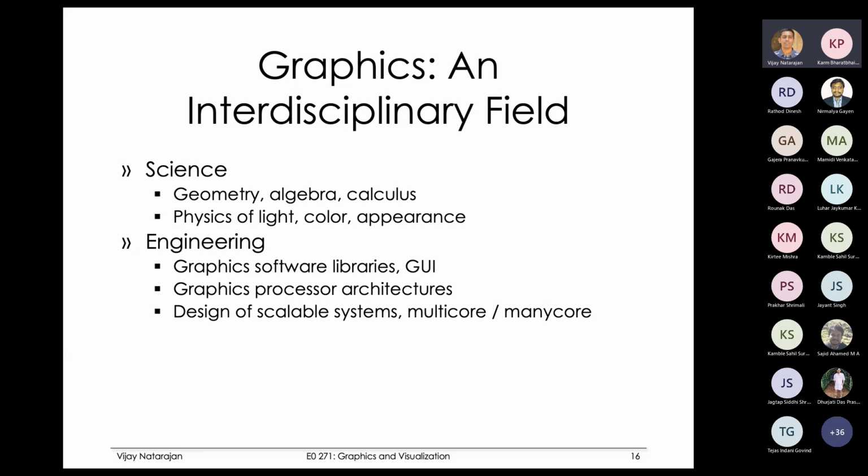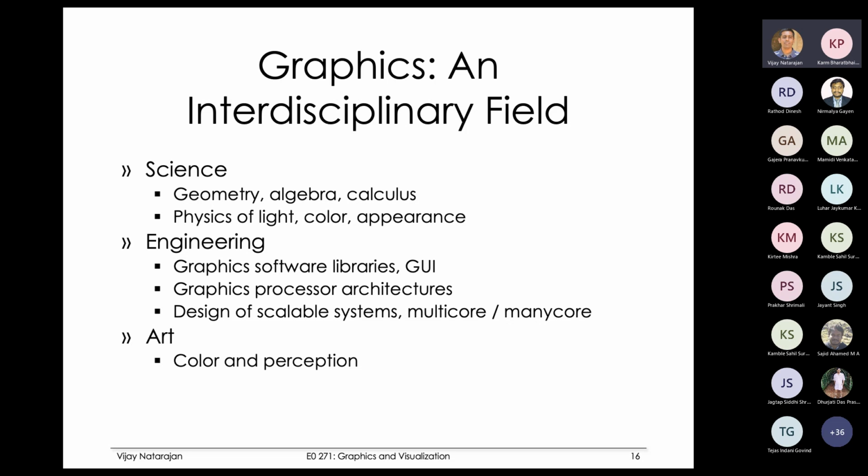The data sizes are large, so it's important that the algorithms scale to large data sizes. So scalable systems, multi-core, many-core, and so on also play an important role. There is another aspect of graphics which we may not be able to cover much in this course, namely the interplay using ideas from art.